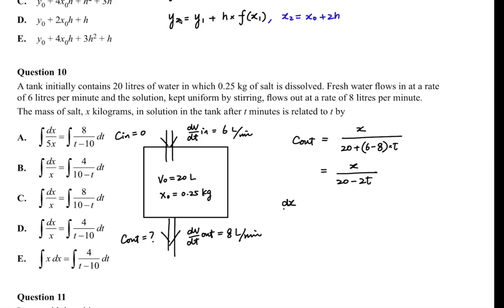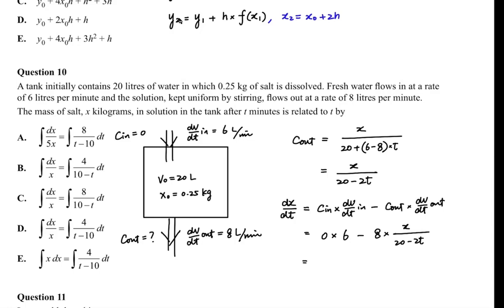Now your differential equation will be dx/dt equals C in times dV/dt in minus C out times dV/dt out. Concentration in is 0 times 6, minus 8 times x over (20 minus 2t).